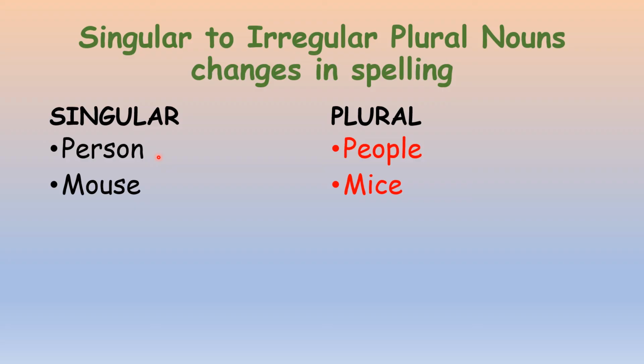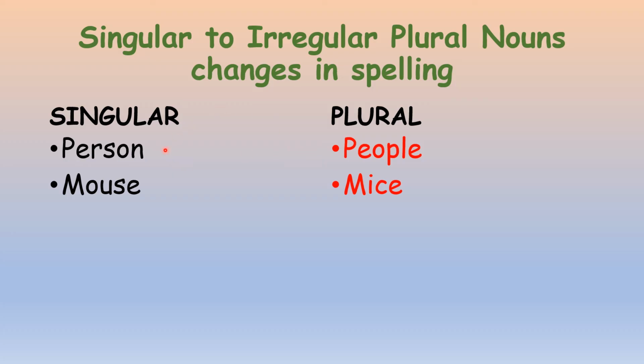When you see the word person, you remember that it is only one. Now, to change person to plural, the word person will transform into the word people. Do you notice that these two words are totally different? They do not have the same spellings, nor the same pronunciation.